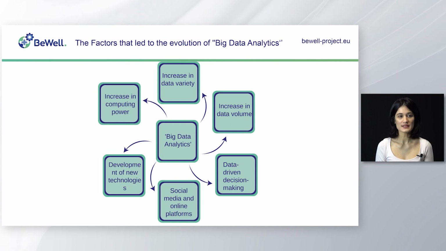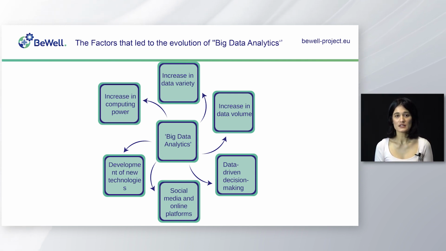The evolution of big data analytics can be attributed to several factors, including: 1. The increase in data volume, where the exponential growth in the volume of data generated by various sources such as social media, the Internet of Things, and mobile devices has led to the need for more sophisticated analytic tools to process, manage, and make sense of this data. 2.